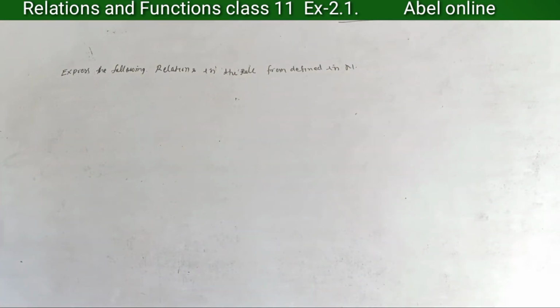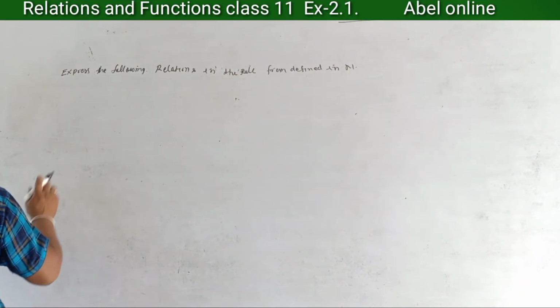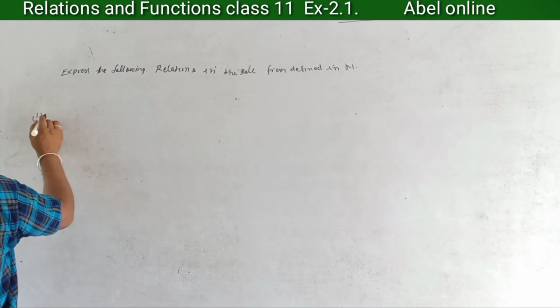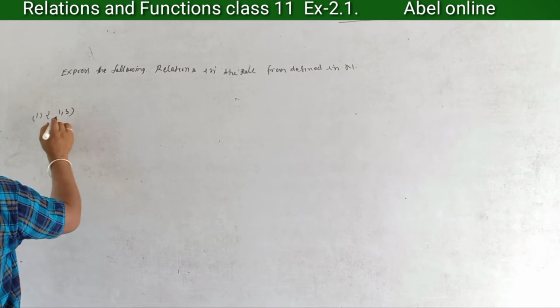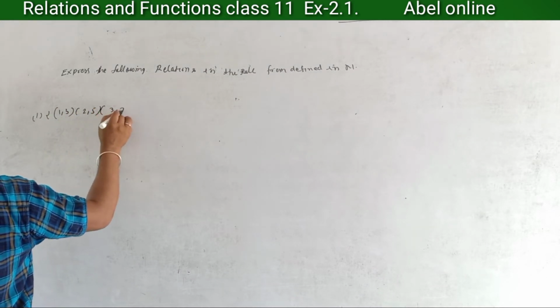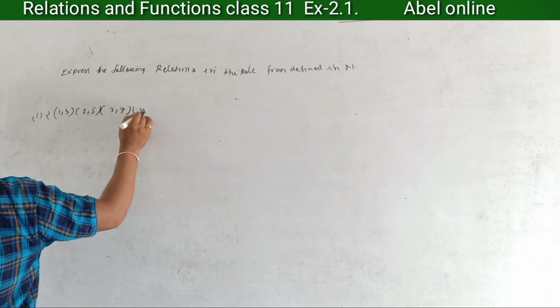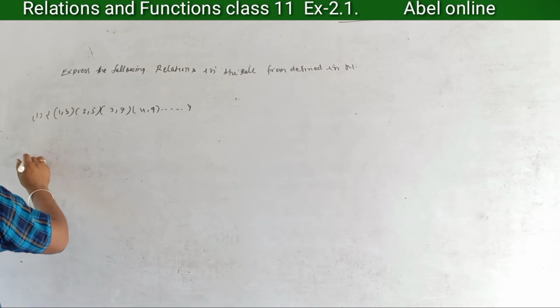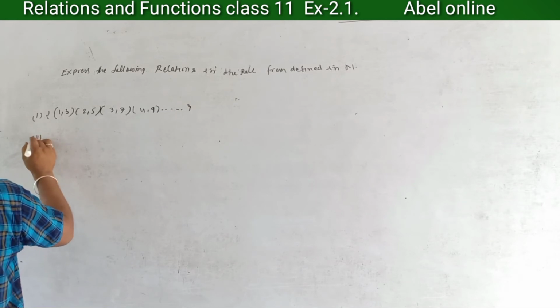Let's discuss. The first relation is 1, 3, 2, 5, 3, 7, 4, 9, and so on. This is the first question. And what is the second question?